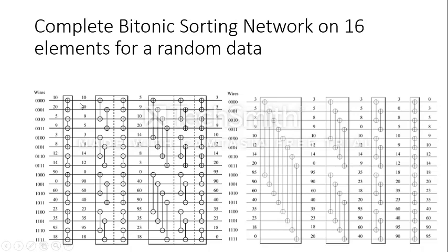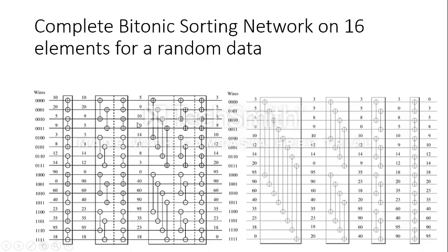Now we provide 4 elements as an input towards stage 2. The logarithm of 4 is 2, so there will be 2 Bitonic splits. The dashed line here shows the first Bitonic split, and the solid line shows the second Bitonic split. In this way, we can generate a sorted output.